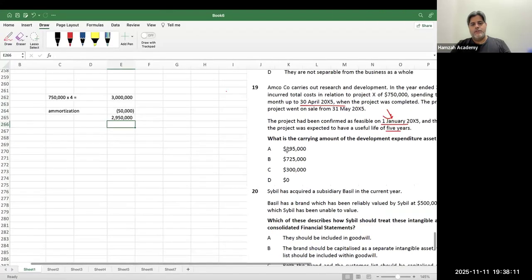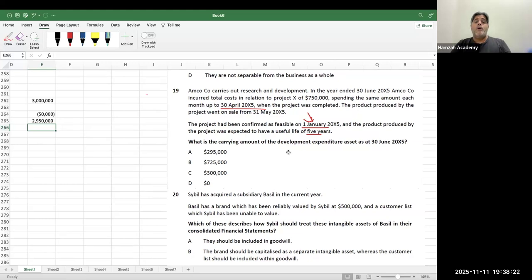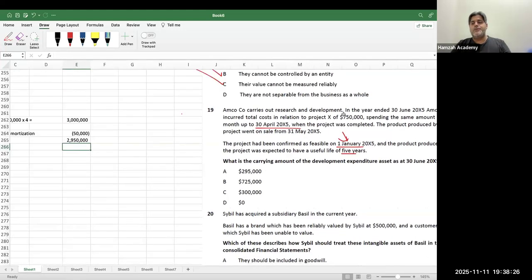Why are we only having this 295,000 over here? Why not 2950? Is it because the total amount is 750,000?